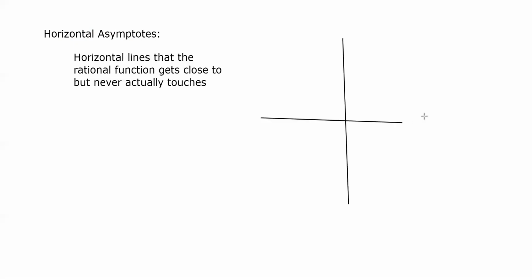The x-axis was a horizontal asymptote. But you can imagine now a horizontal line maybe something like this. I know it's not going to look brilliant, but, as they say, that's life.